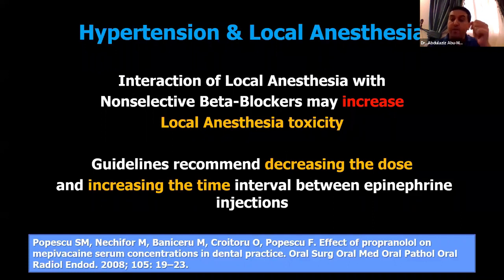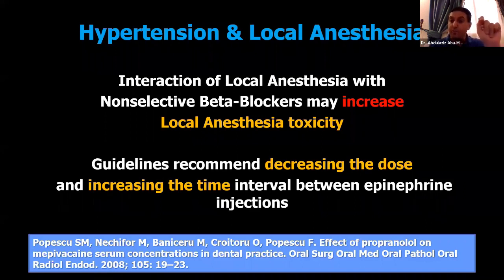How much do I give? I'll talk about this in detail in the cardiac patient section, but the number is 0.04 milligram. This is the maximum amount of epinephrine you can give to those patients.